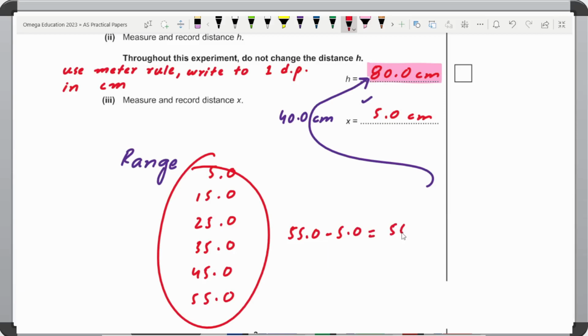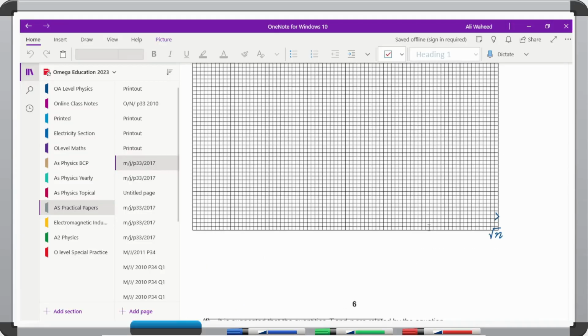We get 50.0 centimeters, which is more than half of this reading, which is more than 40 centimeters. So make sure whatever situation you have, whatever the maximum possible value is, your range should be at least half of the maximum possible value. Check out the next one.